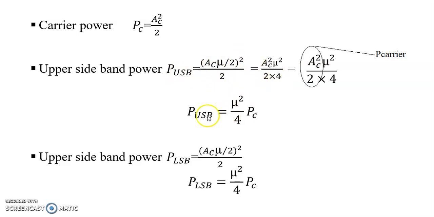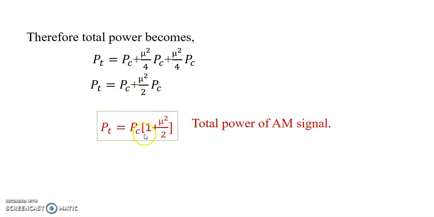While rearranging we will get upper sideband power is equal to mu square by 4 into PC, and for lower sideband, PLSB is also equal to mu square by 4 PC. So while adding these three, we'll get total power PT is equal to PC into 1 plus mu square by 2. This is the total power of AM signal.